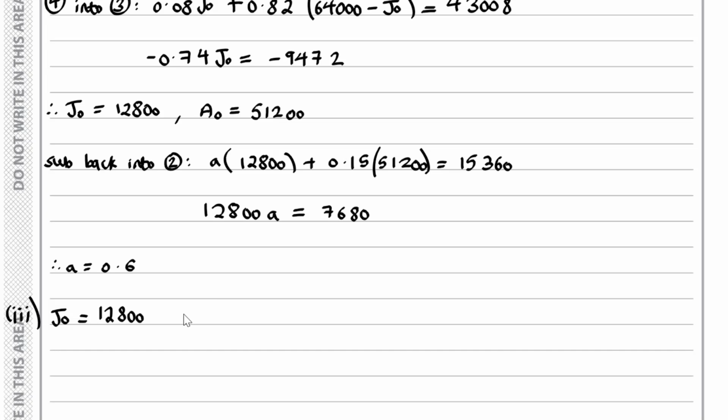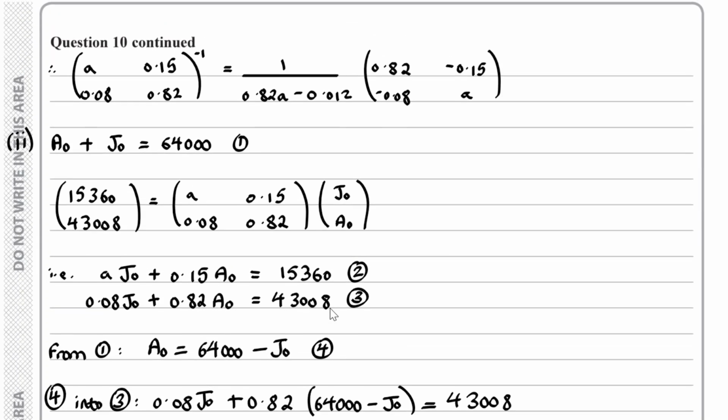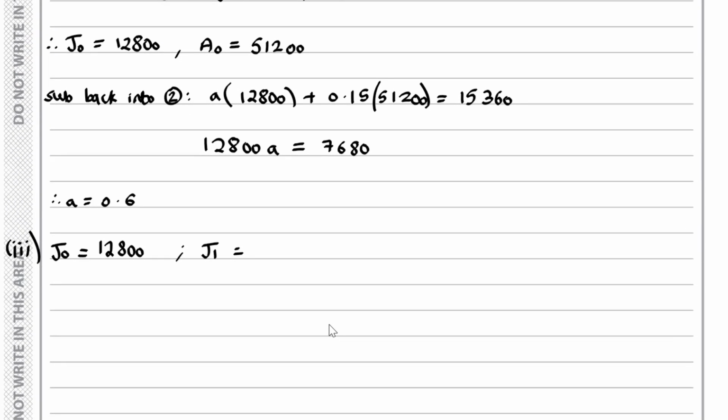And we know that in year 1, that's 15,360. Therefore, the change in the number of juvenile chimpanzees is 15,360 minus 12,800. We end up with 2,560.